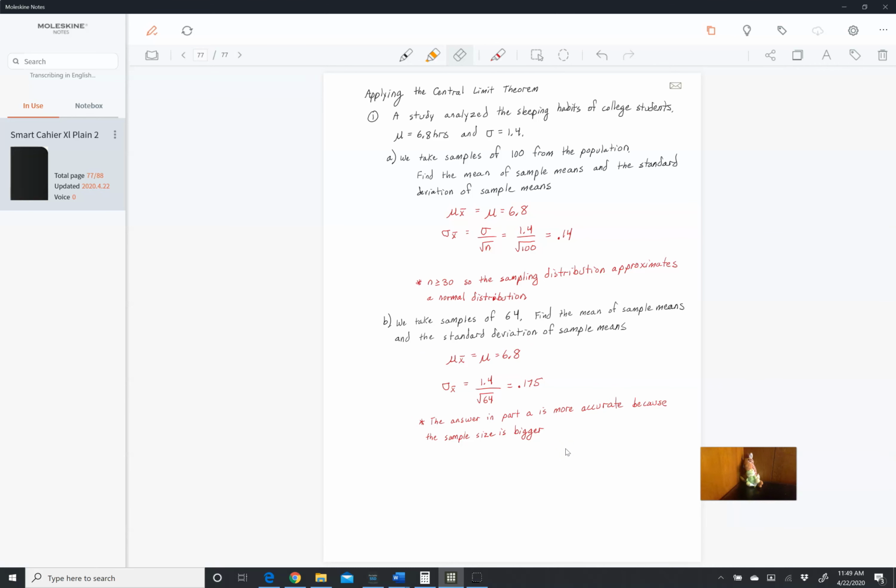Let's take another example. Okay, again, I want to note this again. That n is still greater than or equal to 30.